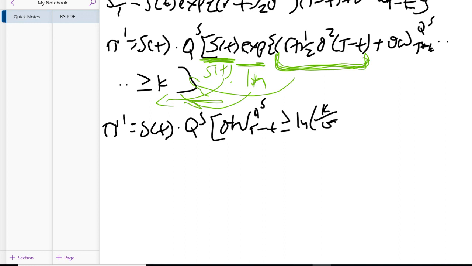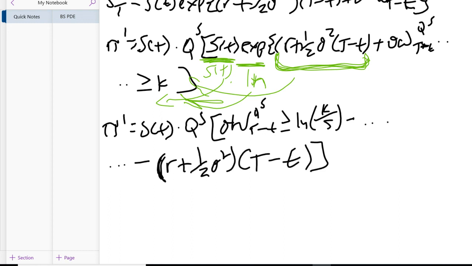And then minus, I'm going to write it down here. So again, first thing I'm going to do is normalize this random variable.